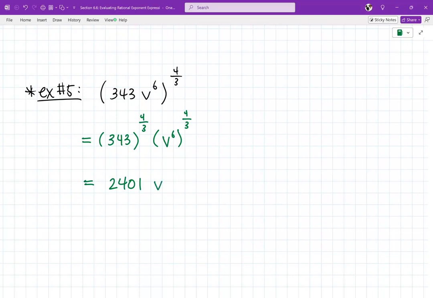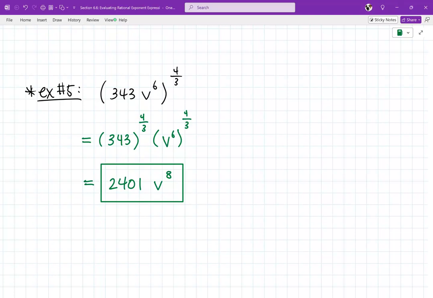And then v to the, well, what am I supposed to do with the powers if it's a power to a power? Multiply them, right? So 6 times 4/3. Oops, I mistyped that. 6 times 4/3. What do you get? 8. And I'm done.